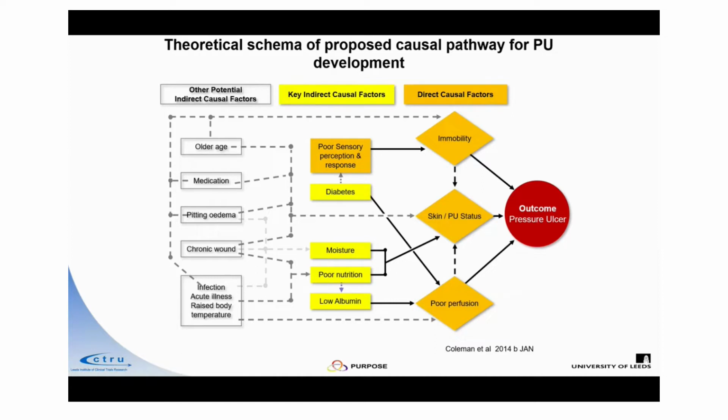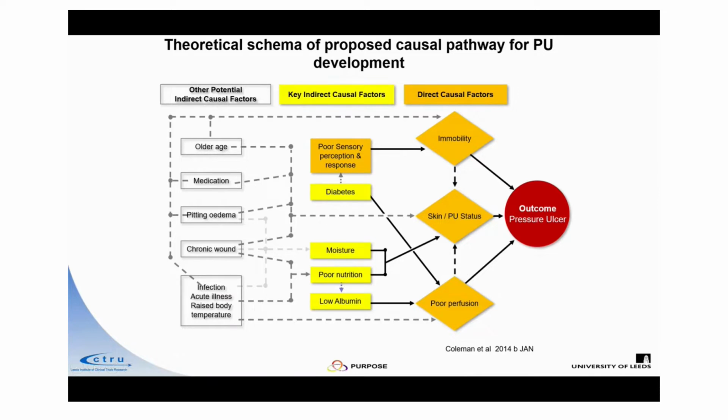And so we were able to put together the 250 different variables into this sort of pathway, where if you look at the right of the screen, the orange diamonds, if you like, are direct causal factors.